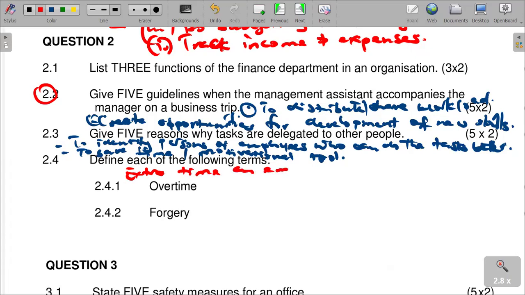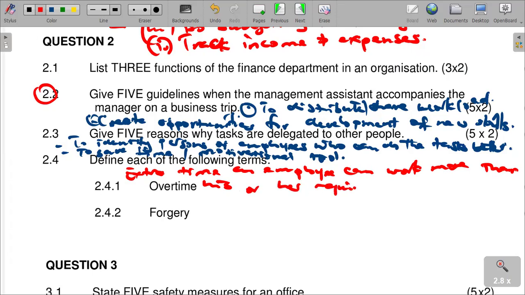An employee can work more than his or her required time, the normal time of work.